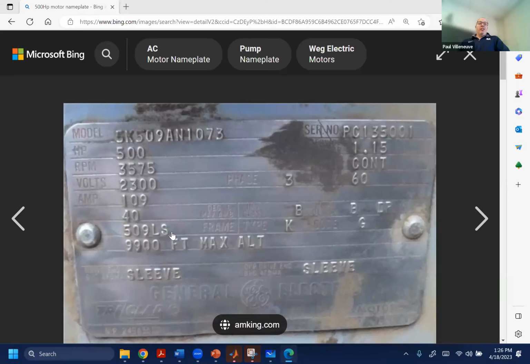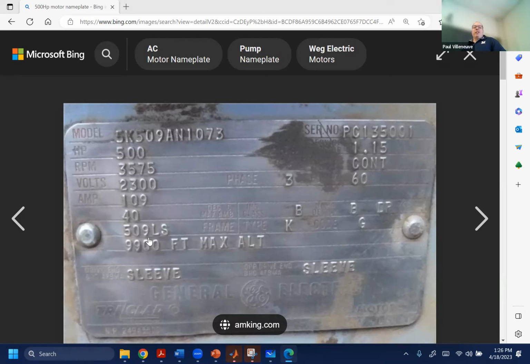And that's because GE made this 500 horsepower motor maybe 20 years ago. What if you need to replace it? Well, if I order a 509 LS frame, I should be able to swap it one for one. You can't have too many custom applications because nobody could change things out. It's basically saying I have a size 11 foot or something like that, right? It's pretty consistent in the US at least.